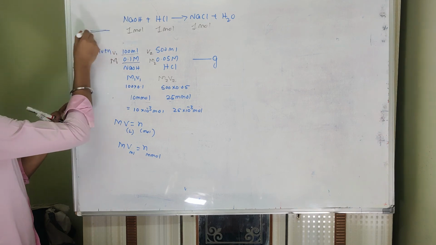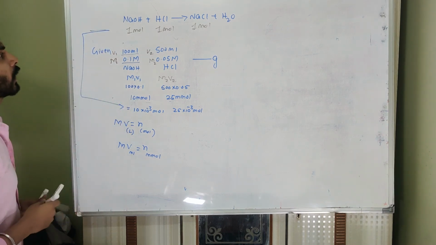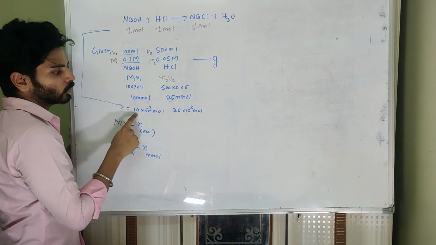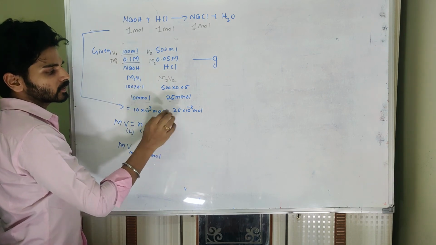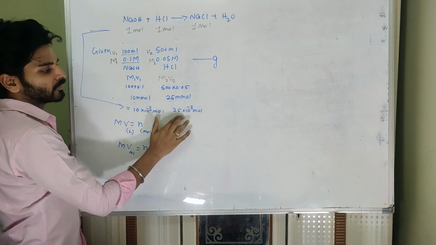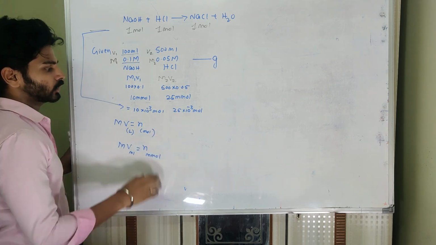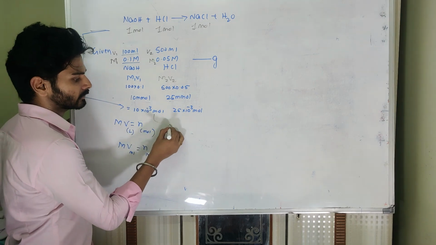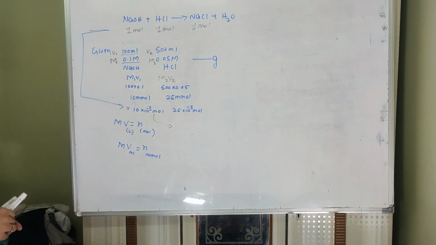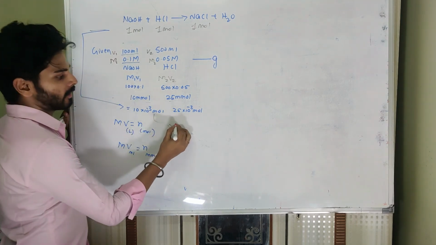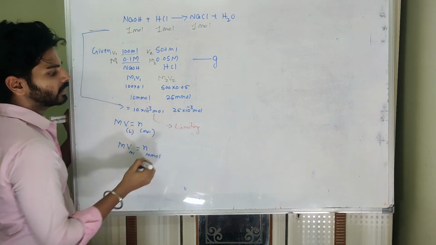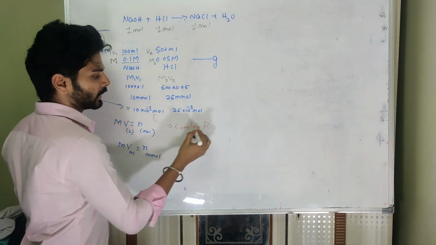So now let us relate these two. 1 mole needs 1 mole only. So here 10 moles need 10 moles only. That means an extra 15 mole is present here. So NaOH is the limiting reagent here, because we need a 1:1 ratio.